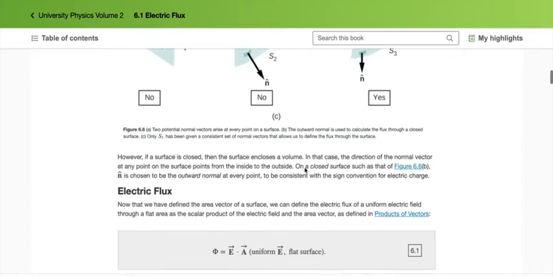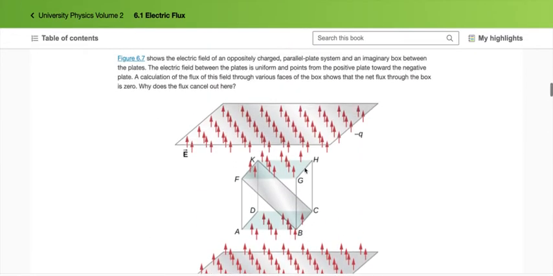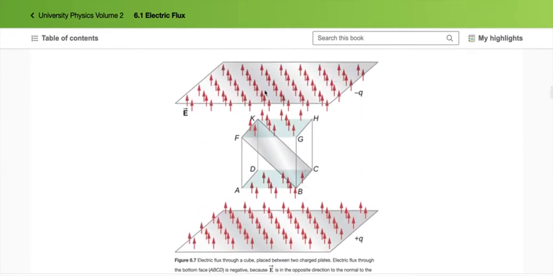All right, so for us, we'll be calculating fluxes like this. In this particular picture, we've got this cube, and I've got a constant electric field here. I've got this parallel plate capacitor. I've got a bunch of positive charge down here, a bunch of negative charge here. That's going to create a constant electric field that points straight up.